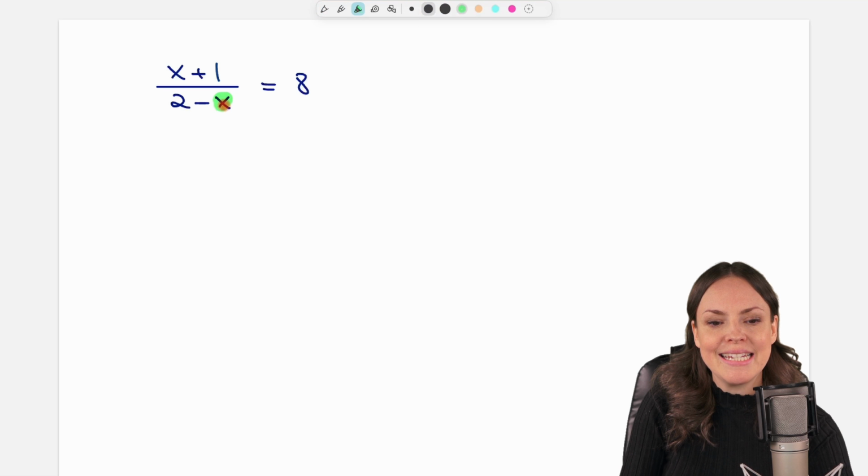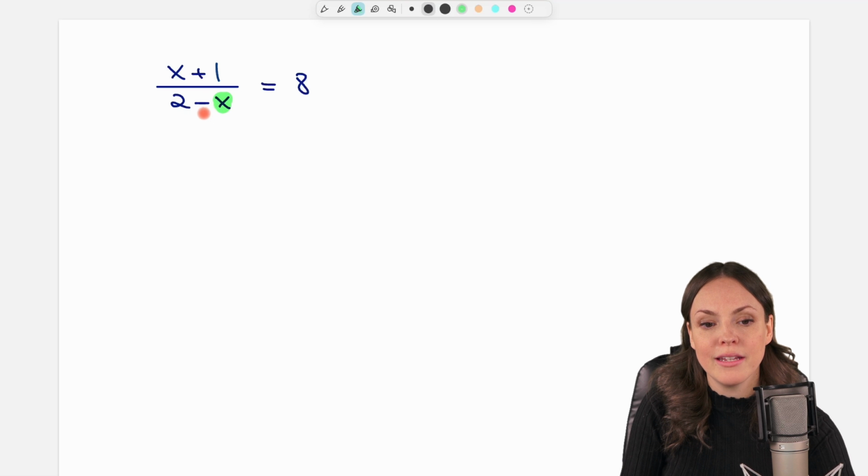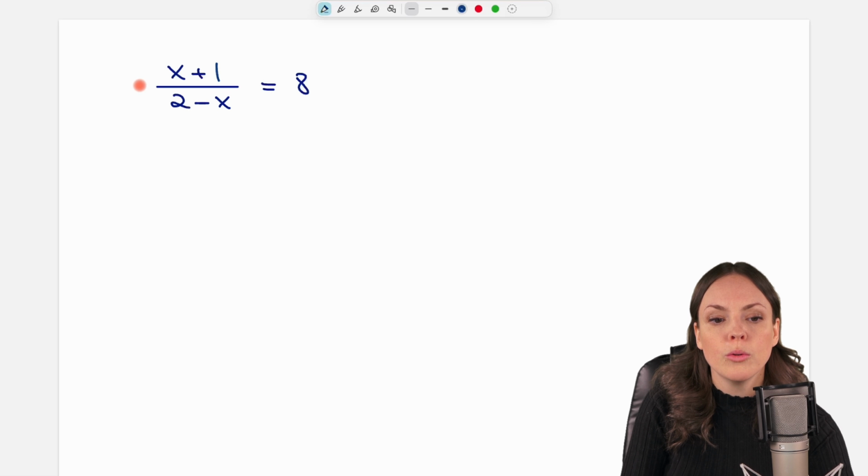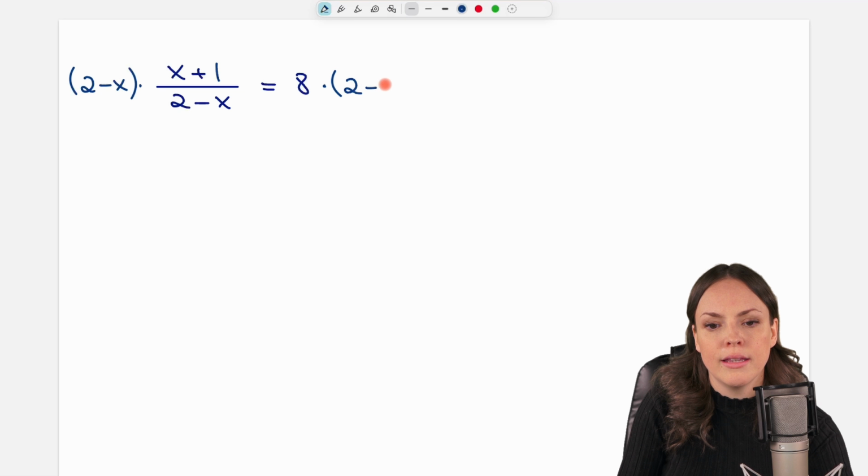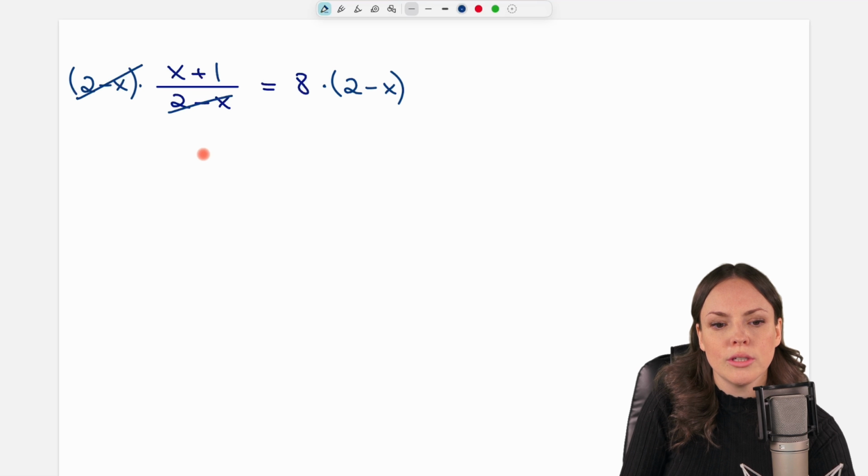We have x here in the denominator, so to be able to solve for x, we have to get this x out of the denominator. So let's multiply both sides of the equation by this denominator. We write it in parentheses, so we multiply by (2 minus x) here, and the same thing on the other side, so that here it cancels out and only x plus 1 is left.